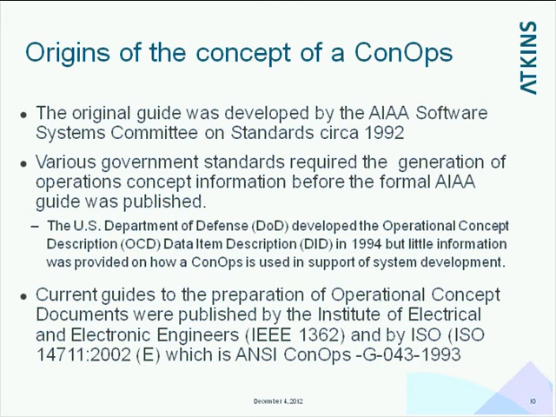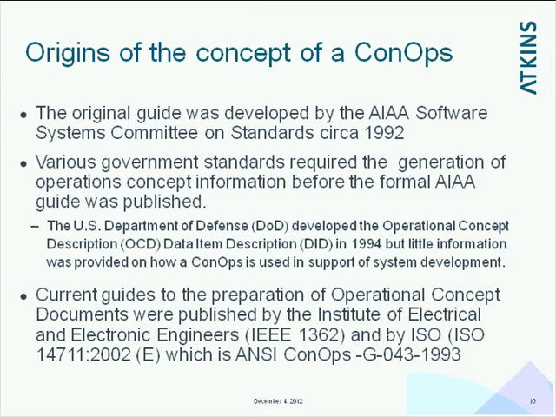As far as I could tell, the ConOps originated fairly recently. The AIAA stands for American Institute of Aeronautics and Astronautics. In about 1992, you started seeing work by them for a concept of operations document. The Department of Defense developed the operational concept description document, which is quite similar, as a data item description in their regulations in 1994, but they didn't provide too much information on how you use it.